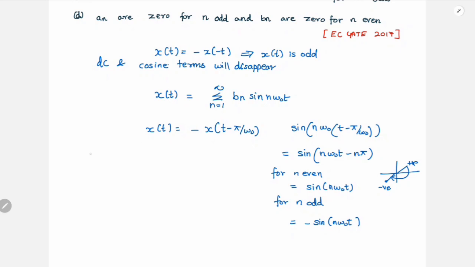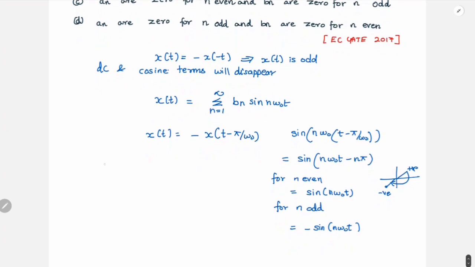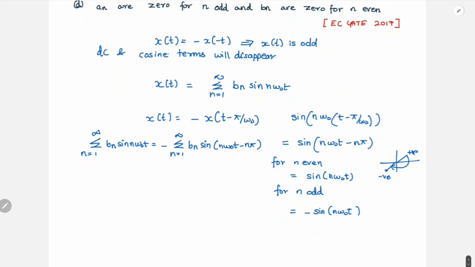So now x of t is equal to minus of this. Let us substitute them: summation n equal to 1 to infinity bn sin n omega naught t is equal to minus summation n equal to 1 to infinity bn sin of n omega naught t minus n pi. Let's substitute n equal to 1, 3, 5, odd numbers, and observe what happens, and n equal to 2, 4, 6, even numbers.